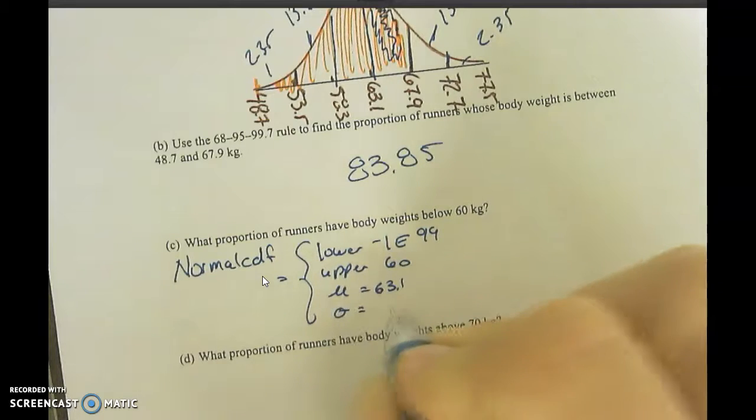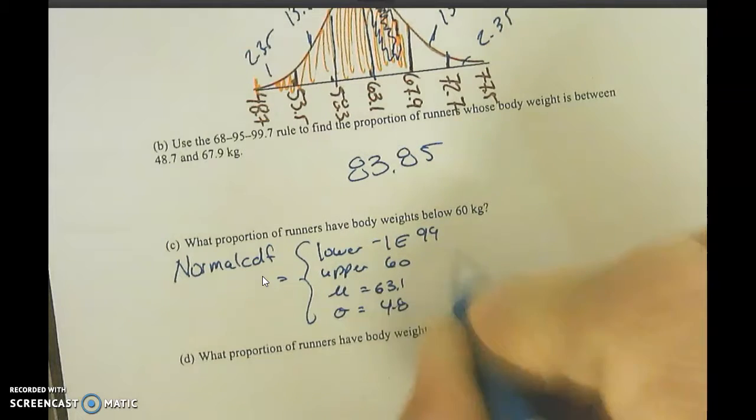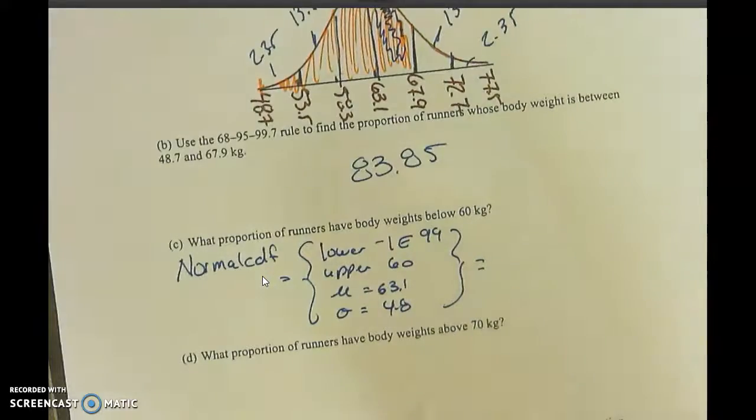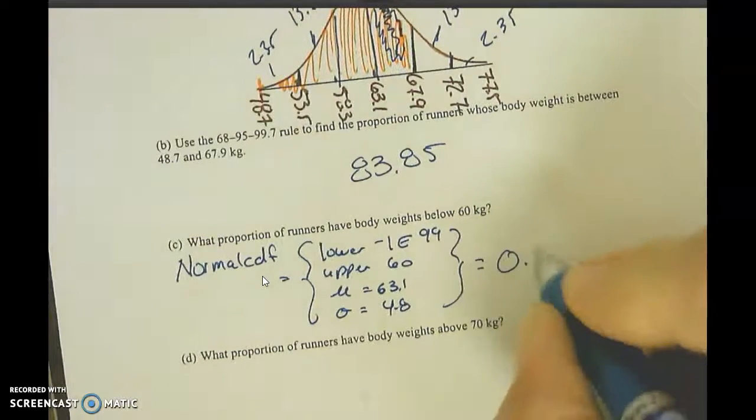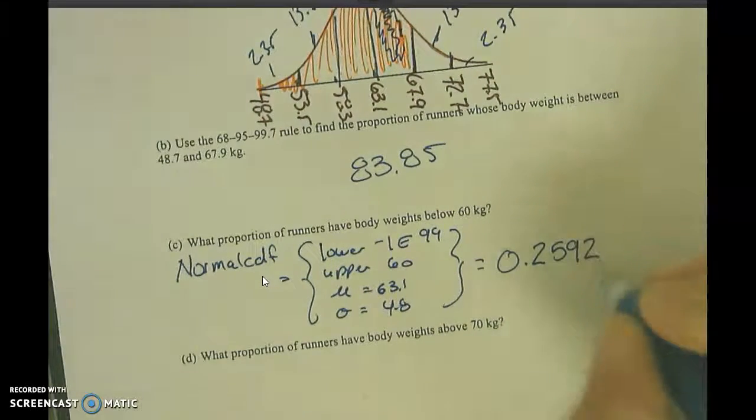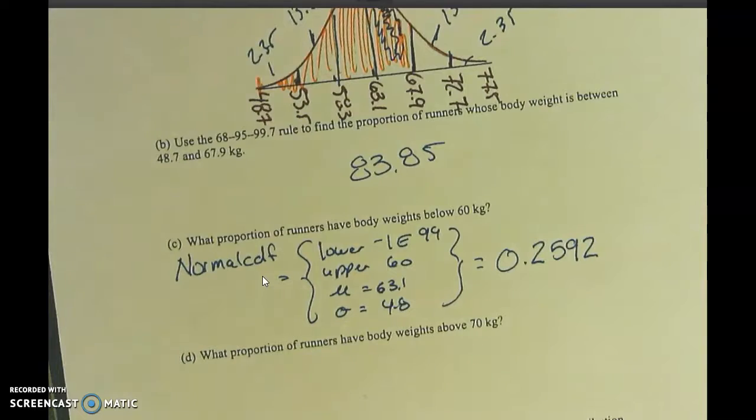My standard deviation was 4.8. And if you put that in your calculator, you should get that. Now, does anybody need any help on their calculator part? They're all quiet.